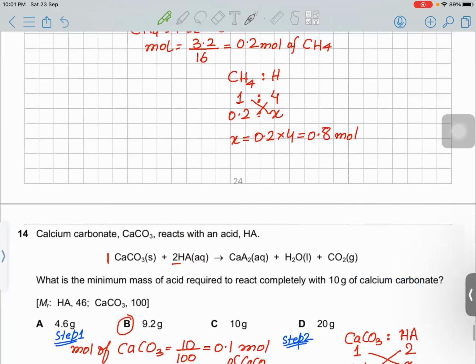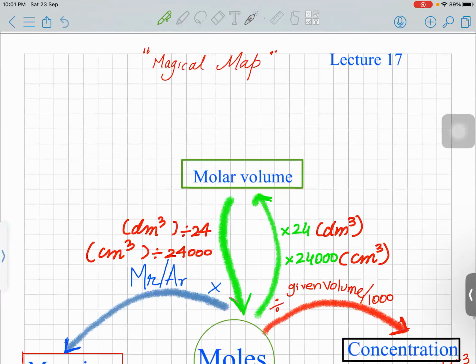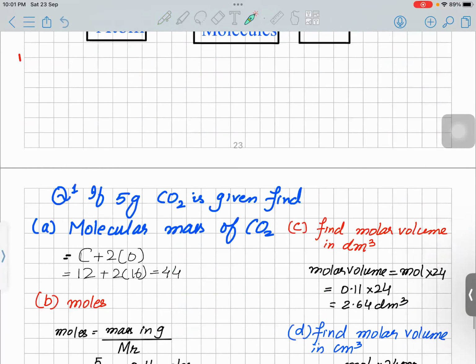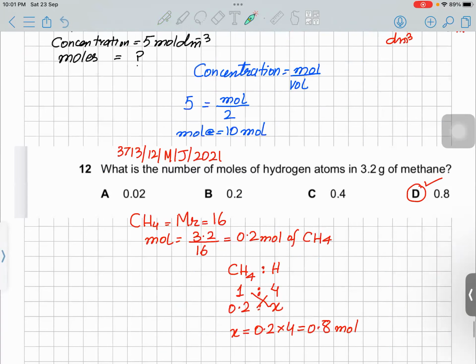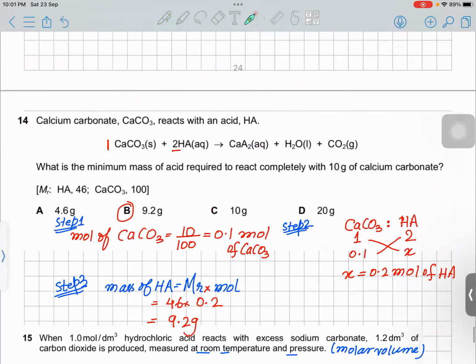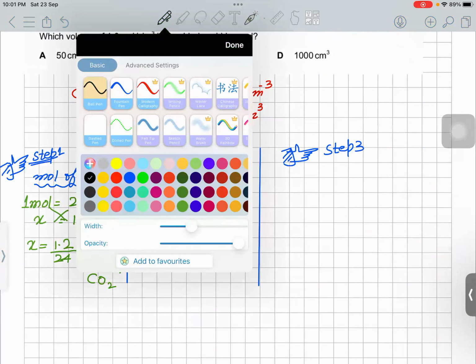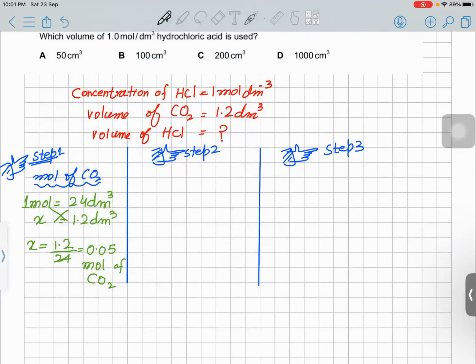This is the molar volume, we already discussed it. So 1 mole of carbon dioxide has 24 dm cube of carbon dioxide. So 1 mole of anything is 24 dm cube? Just for gases, 1 mole always contains 24 dm cube of the gas.